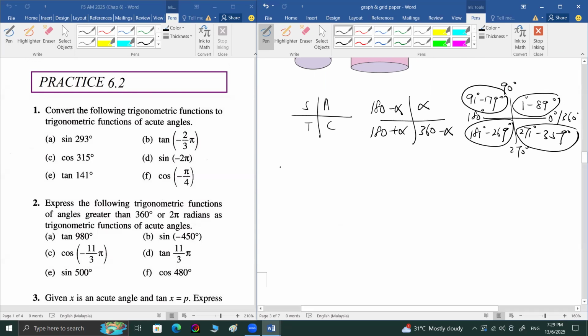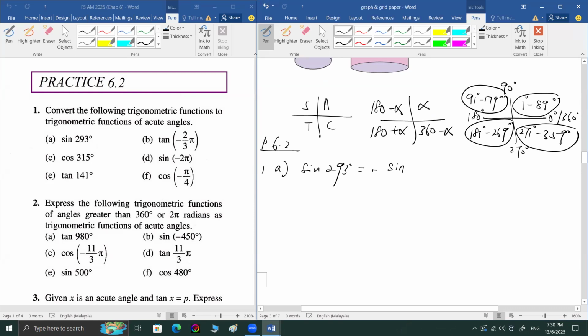It's quite easy. Here we see A. If you are given sine 293, 293 means here. Here is the quadrant for cosine, so it's not a quadrant for sine. We have to apply negative.